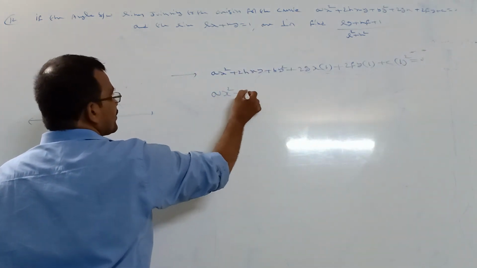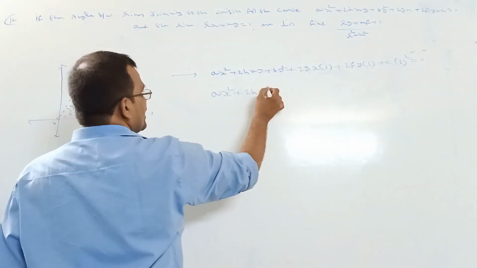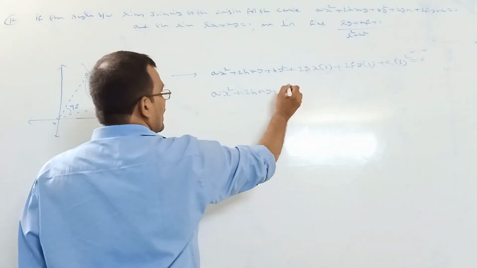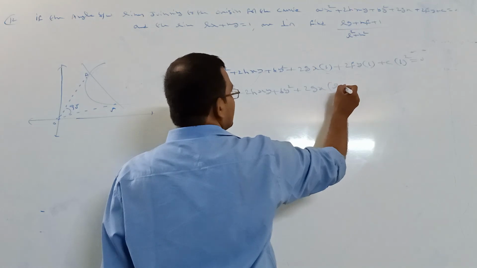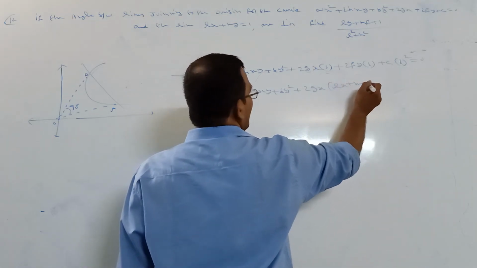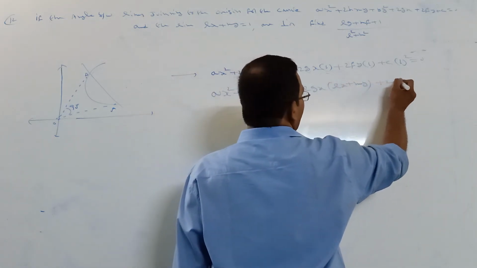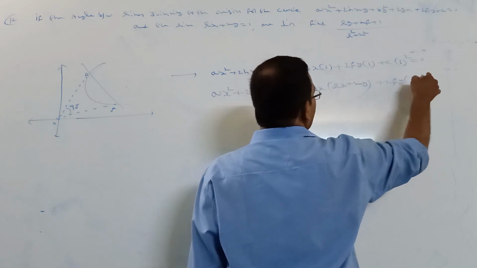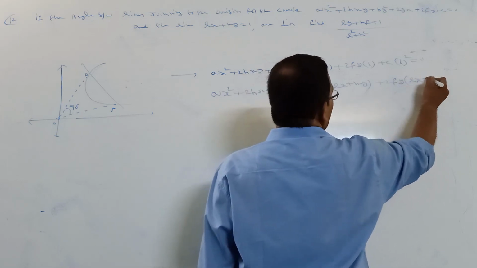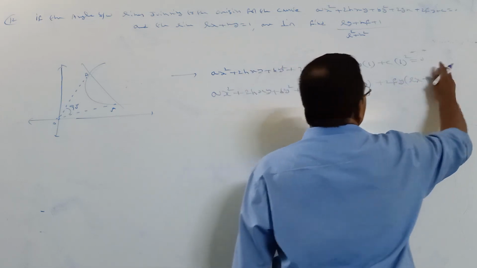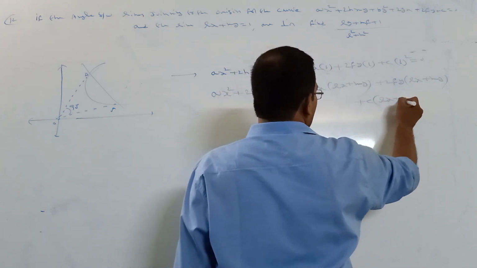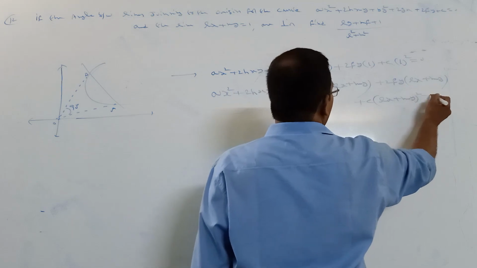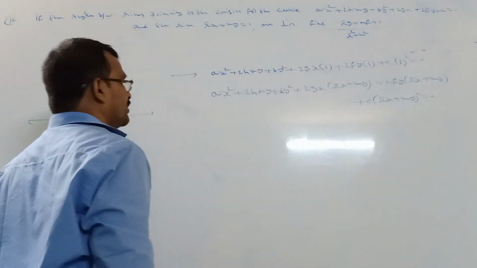So ax square plus 2hxy plus by square plus 2gx into lx plus my, plus 2fy into lx plus my, plus c into lx plus my whole square equal to 0.